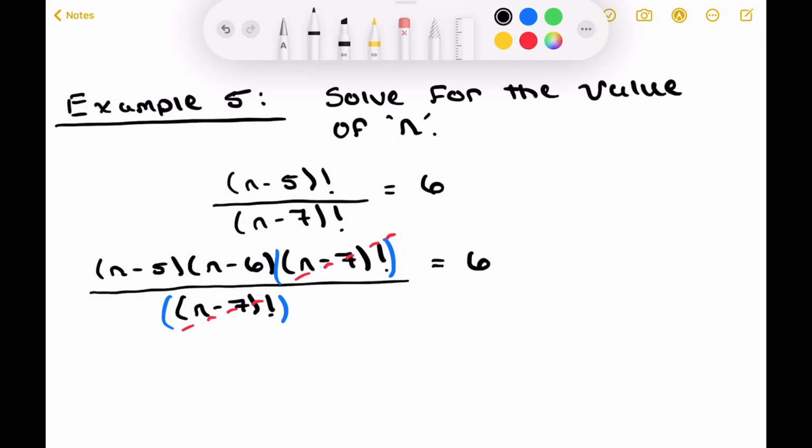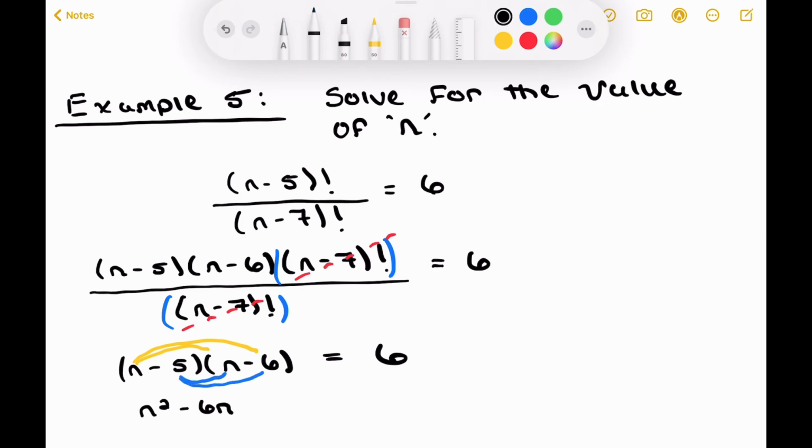And then I'm left with n minus 5 times n minus 6 is equal to 6. Because we maintain that right side, we're not going to do anything with it. Then we have to FOIL this left-hand side, so n times n and n times negative 6. That's going to leave us with n squared minus 6n. Then we have to FOIL the negative 5 with the n and the negative 5 with the negative 6, which is going to give us minus 5n plus negative 5 times negative 6.